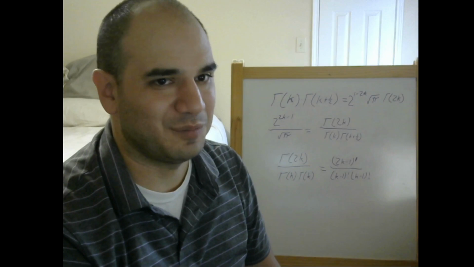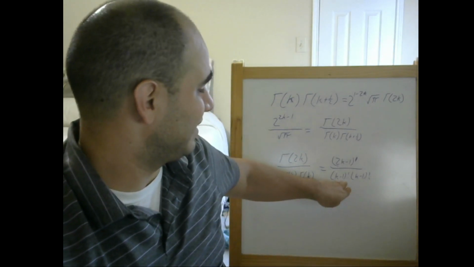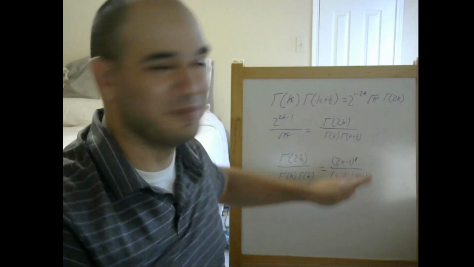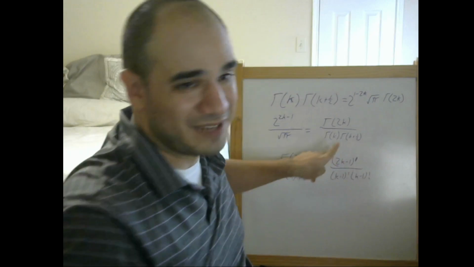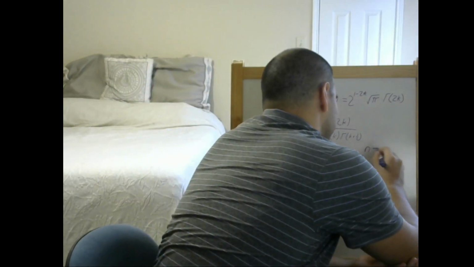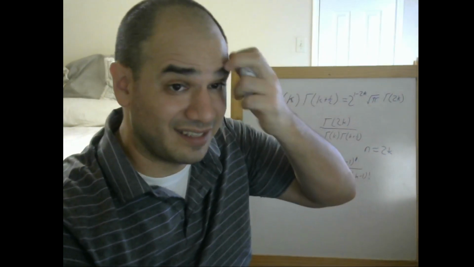That's, well, if we insist that, let's do some manipulation, right? So let's redefine 2k as n, right? So n is equal to 2 times k.